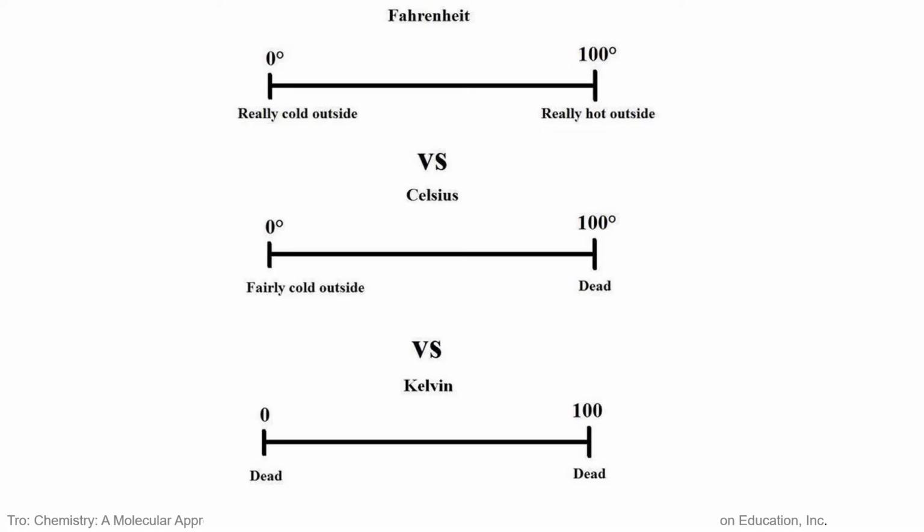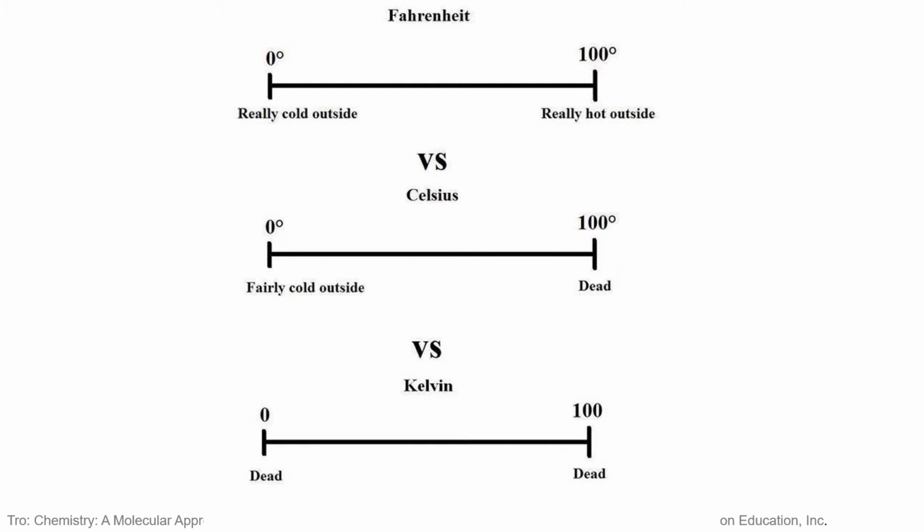So this little cartoon is just to put things into perspective for you. It compares 0 and 100 for each of the scales. If it's 0 Fahrenheit, that is really cold outside, so well below freezing. If it's 100 Fahrenheit, that's really hot outside, like a very warm summer's day. When we go to Celsius, if it's 0 degrees out, it's fairly cold.